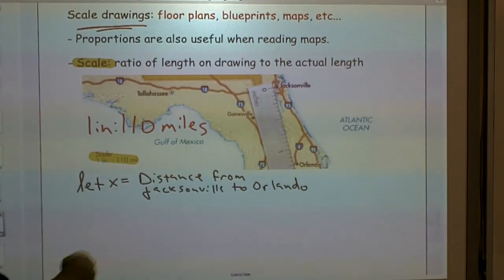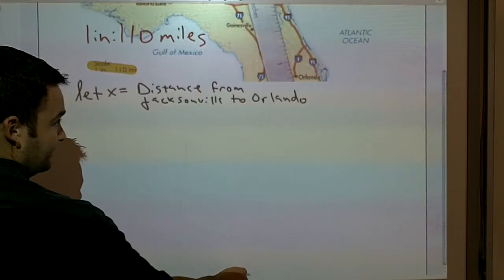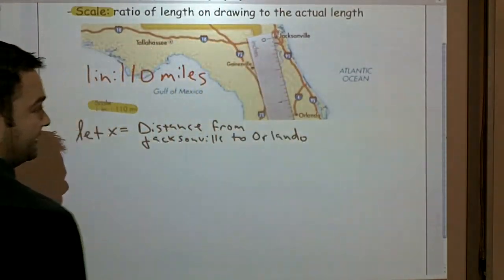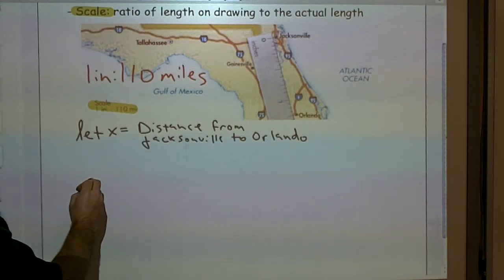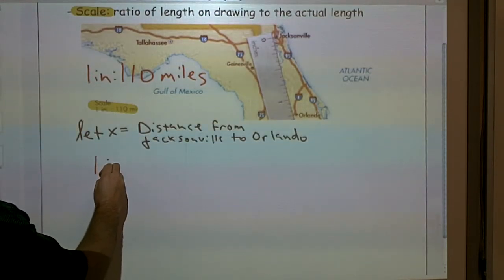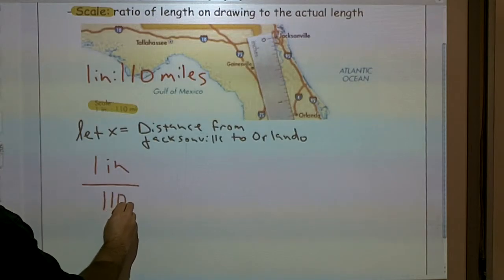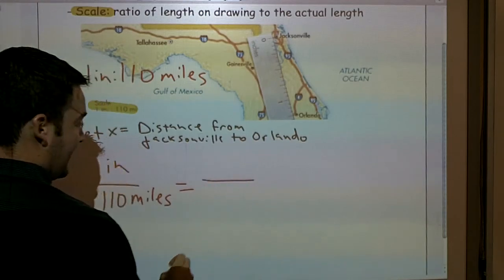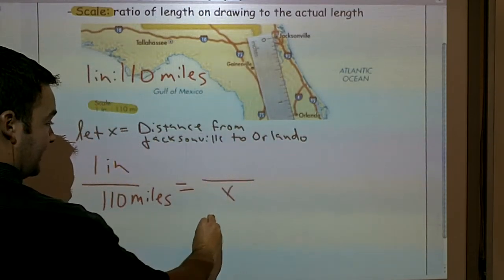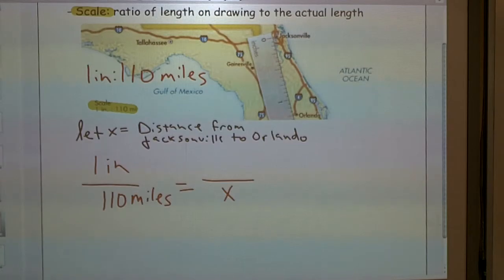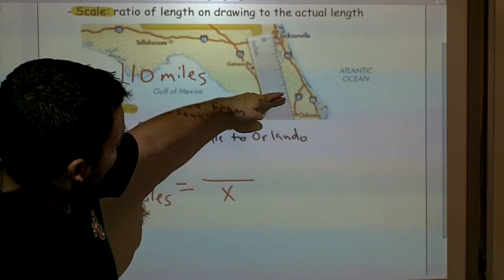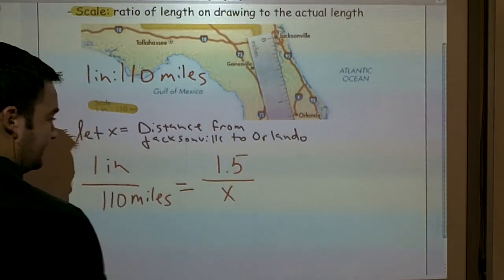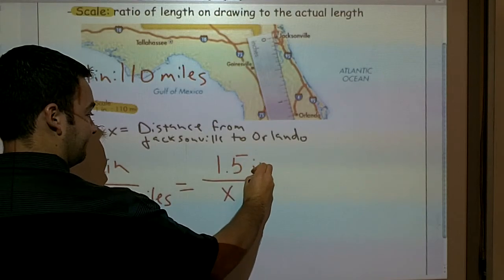So if we let x be the distance from Jacksonville to Orlando, we know that our scale is 1 inch for every 110 miles. We're looking for our actual miles. In this case, it looks like it's about 1.5 inches.